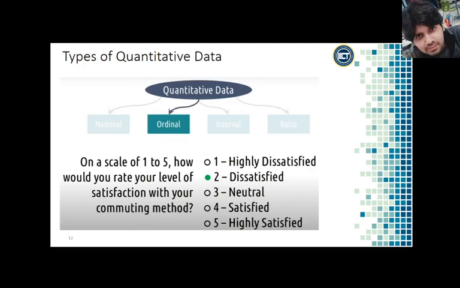But what's important here is that we don't actually know how big the gaps between these categories are. It could be that users perceive only a small difference between neutral and satisfied, or only a small difference between satisfied and highly satisfied. They might perceive the difference between satisfied and highly satisfied as smaller, for example, than the difference between dissatisfied and highly dissatisfied.